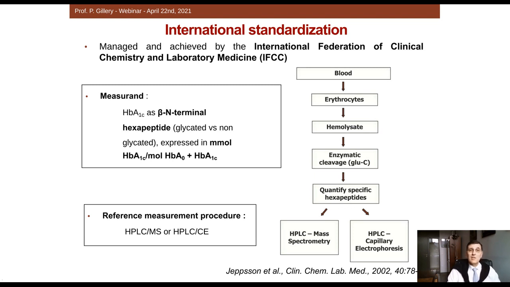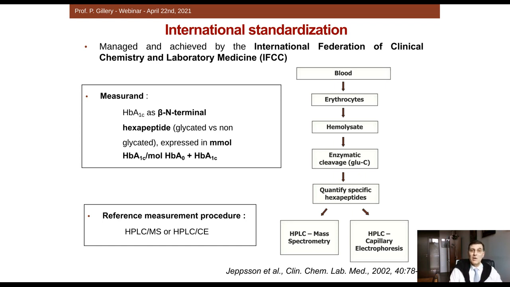In this standardization process, the measurand was clearly defined as the beta N-terminal hexapeptide. So the glycated hexapeptide was related to the non-glycated, and HbA1c was expressed in millimoles HbA1c per mole HbA0, which is the major peak of HbA, plus HbA1c.